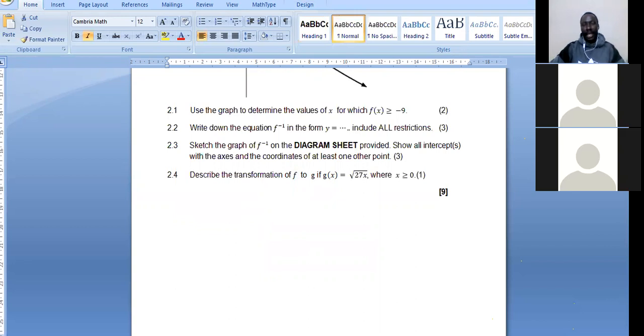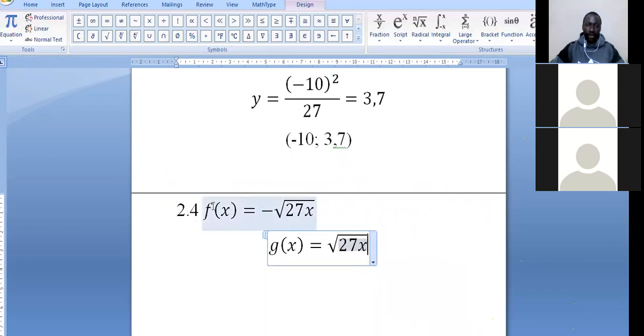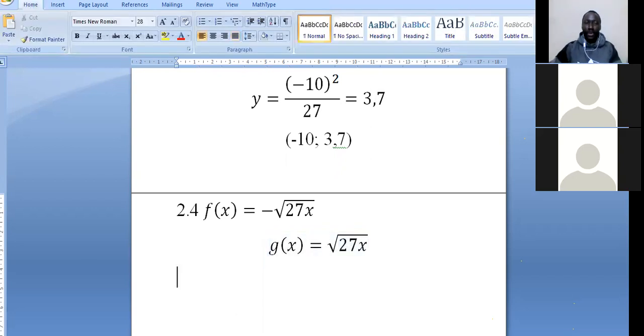In other words, the question is asking, what happened to f that got us g? That is actually what the question is asking for. So how are you going to describe that in a mathematical way? What will you say will have happened to f so that we get g?